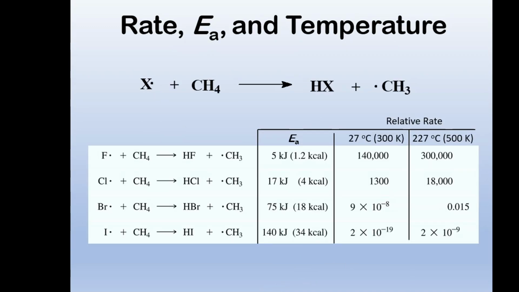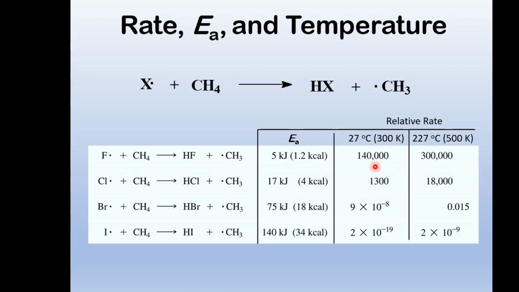So here we see all the halides, fluorine, chlorine, bromine, and iodine, and the energy of activation to make this alkyl radical. And that's the rate determining step, really. So a fluorine radical has a very small energy of activation. And here's a relative rate.